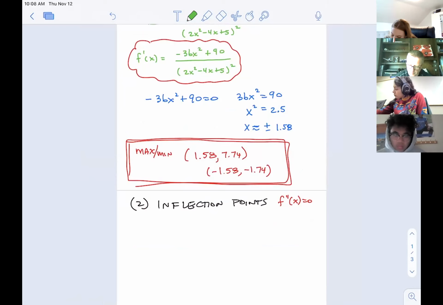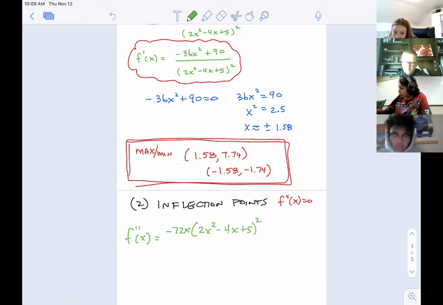quotient rule. So quotient rule says the derivative of the top, which is negative 72x, times the bottom left alone. That's not good because that is squared.